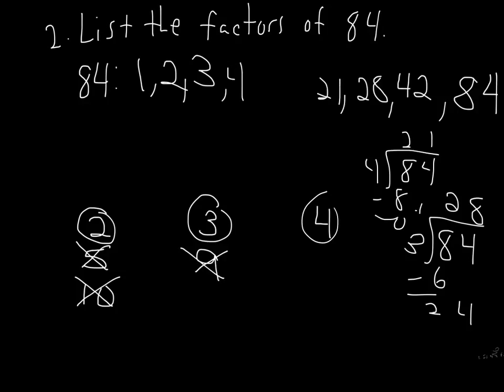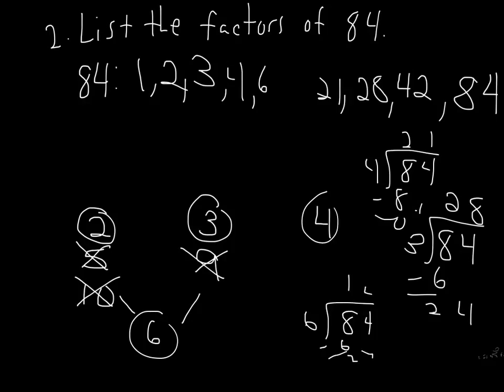Now, there are some other things I also know. If a number is divisible by 2 and by 3, 2 times 3 is 6, it's got to be divisible by 6. If I do 84 divided by 6, I get 14. 6 times 14 is 84.